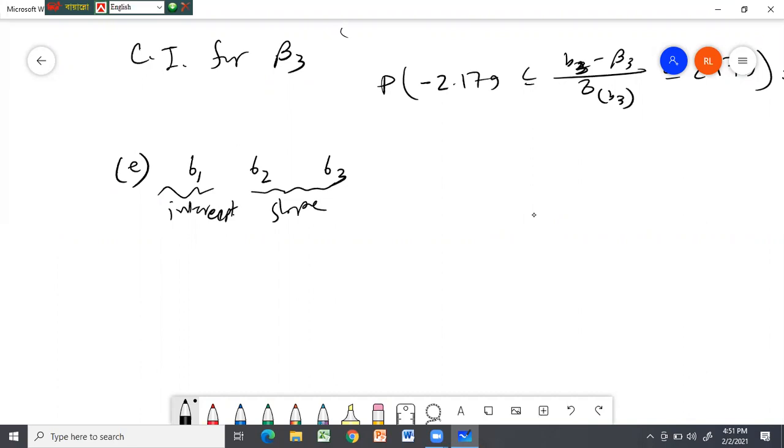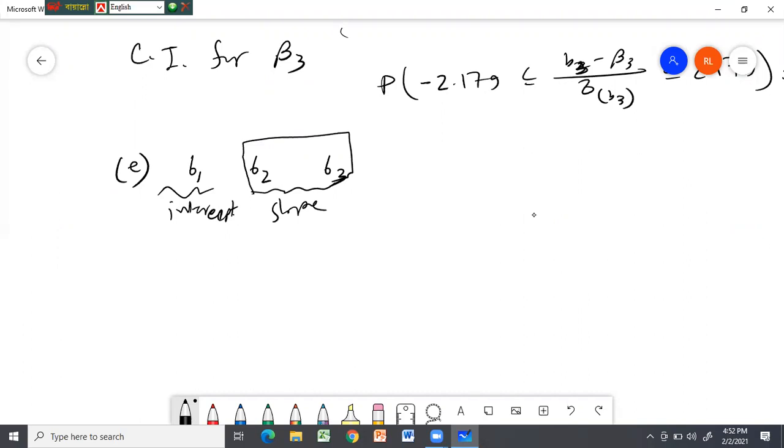One thing you have to understand here: b2 and b3 are the slope coefficients, which are related to your explained portion, that means the regression portion. And b1 is the intercept from your regression function or regression model.